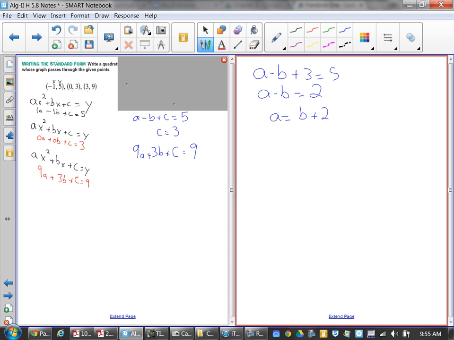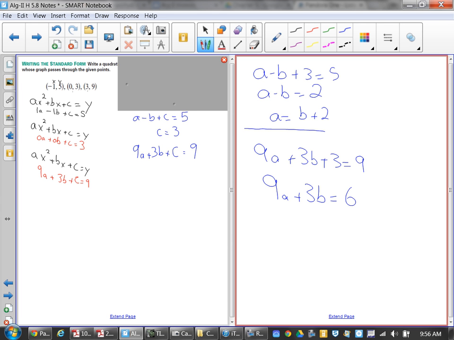If I substitute the 3 value into that second equation, I have 9A plus 3B plus 3 is 9. We okay with that? Rewrite it again. 9A plus 3B is 6.